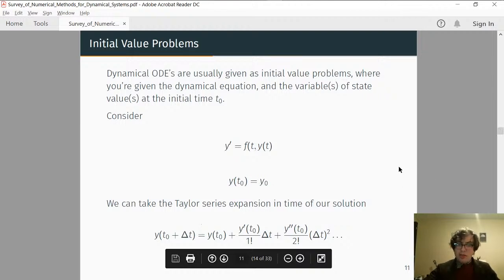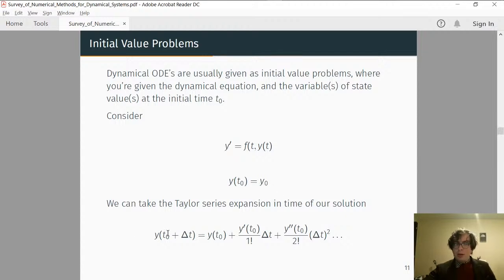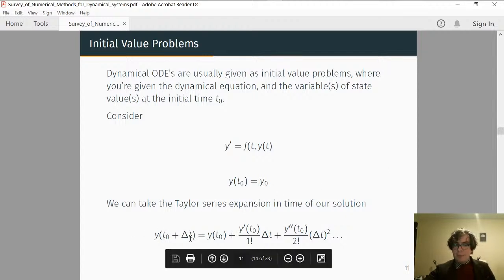Then the position after a little bit of time is equal to the position at the starting place plus all of your Taylor series terms: the derivative at the starting place divided by 1 factorial times the time step, plus the second derivative divided by 2 factorial times the time step squared, plus the third derivative divided by 3 factorial, and so on and so forth forever.